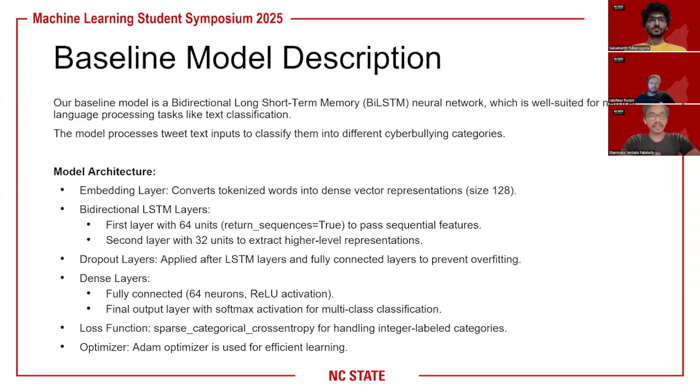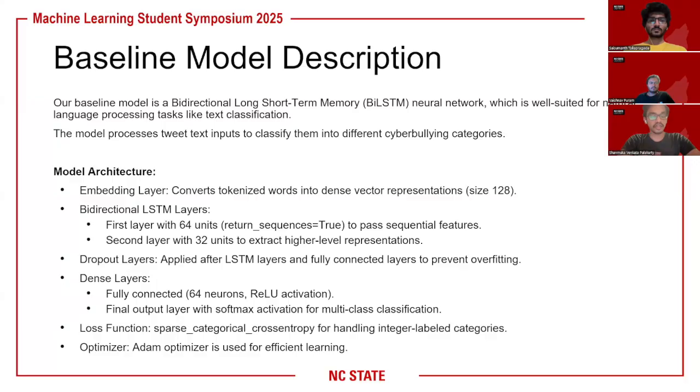For the baseline model description, our baseline model is a bidirectional LSTM neural network, which is well suited for NLP tasks like text classification. The model architecture is the embedding layer, which converts the tokenized words into dense vector representations, and then bidirectional LSTM layers, which has two layers: the first layer with 64 units to parse the sequential features, and the second layer with 32 units to extract high-level representations.